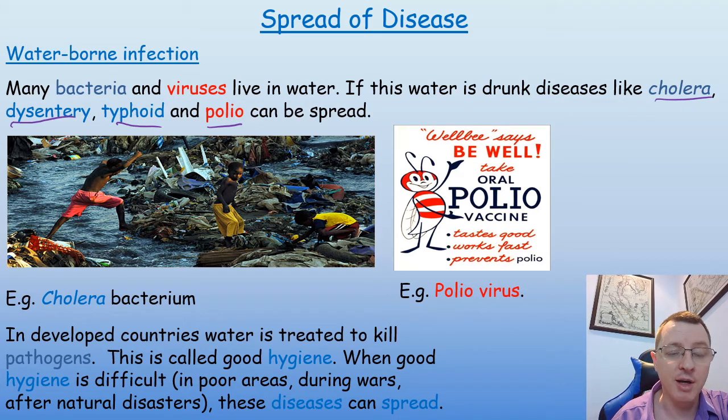For example, you may find that one family is using the water to drink and prepare food, whilst another family further upstream may have been using the river source of the water to defecate or to clean or wash, and therefore they're spreading any bacteria and pathogens they may have, and that can be consumed by other families using that water source. As I say, this tends to be a rarity, but it does happen when we have breakdowns in infrastructure, often during natural disasters and wars.